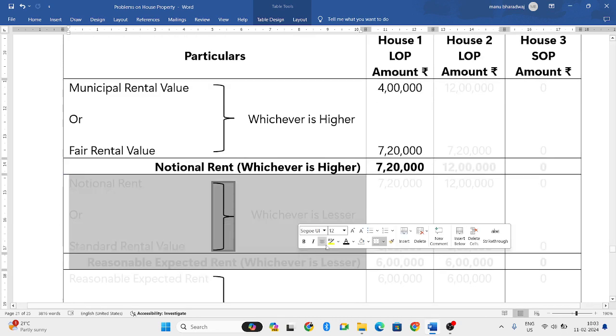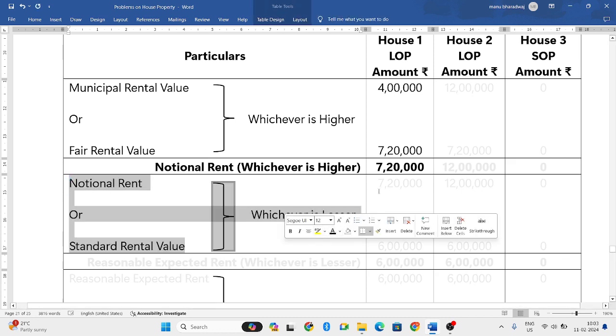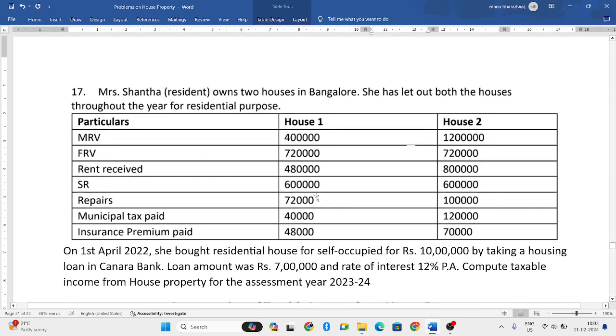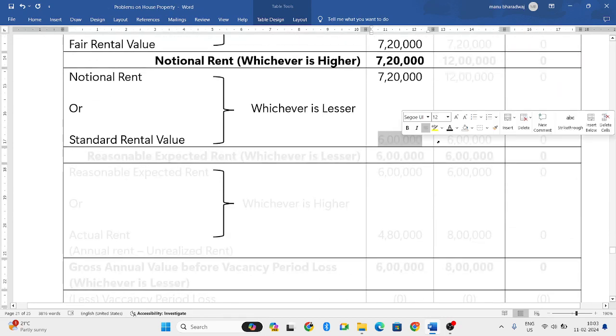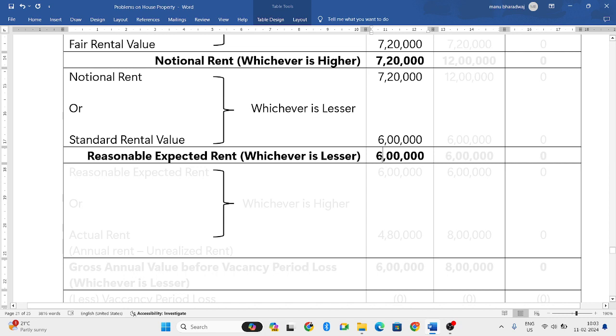This notional rent is compared with the standard rental value, which is 6 lakh rupees. Whichever is lesser, 6 lakh, is considered as reasonable expected rent.